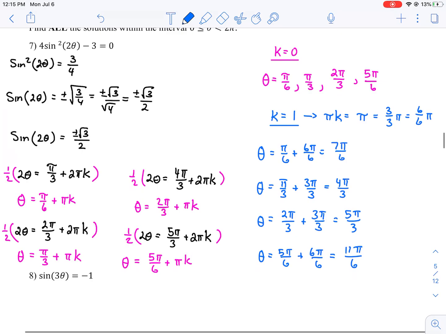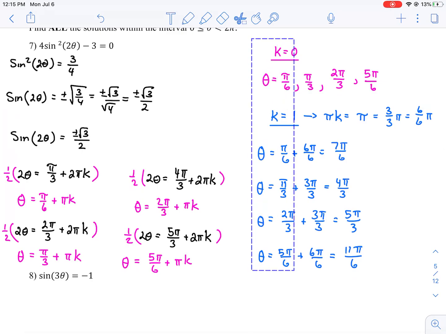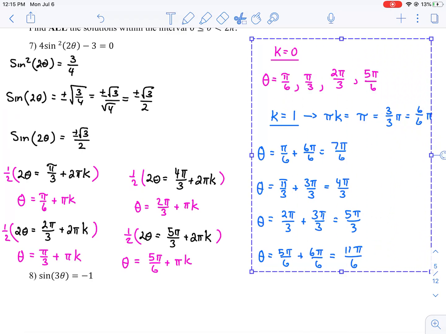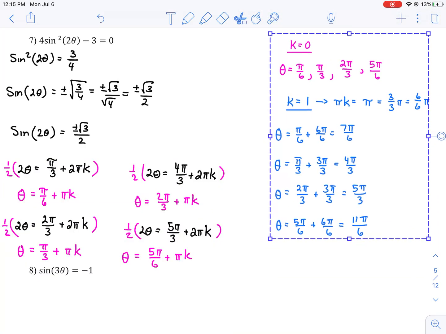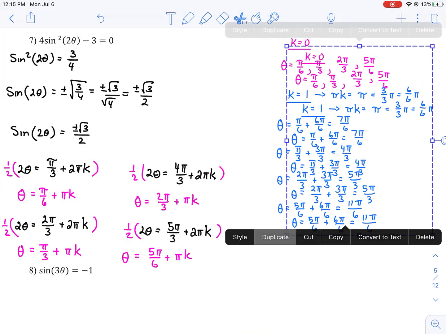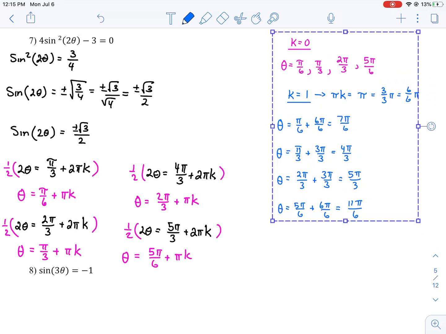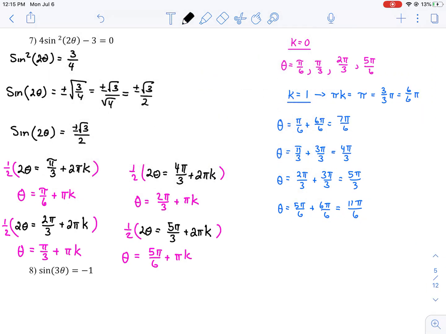So there are going to be 8 solutions altogether. All right, so the 8 solutions are the following: all of the angles when k is equal to 0 and all of the angles when k is equal to 1.